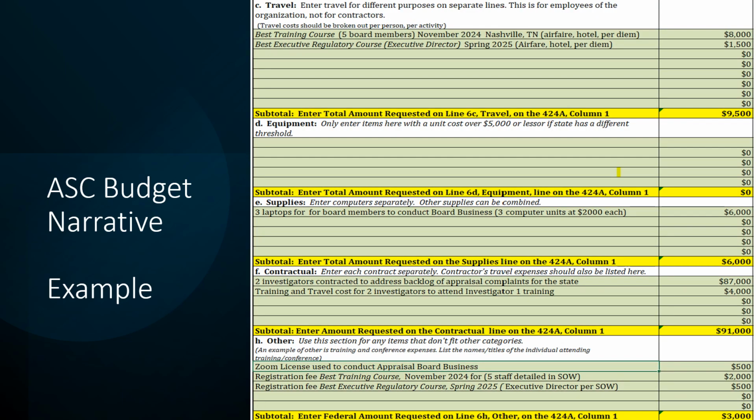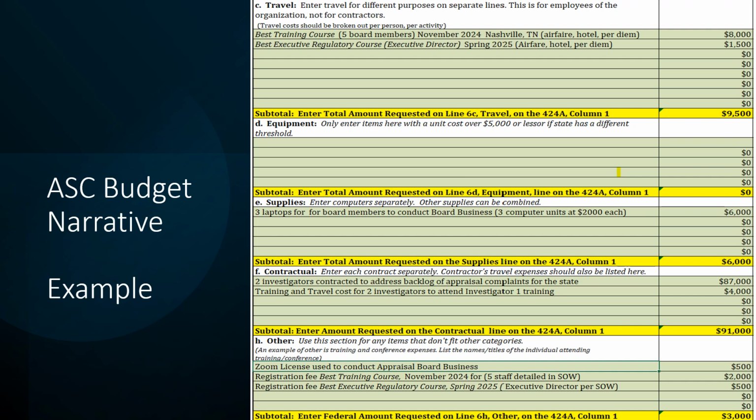Moving on to the travel section of the ACS budget narrative. This is the section where you will enter any travel costs for personnel, your employees, not your contractors. So this is solely for employees of the state. So an example here, we have the best training course for 5 board members.